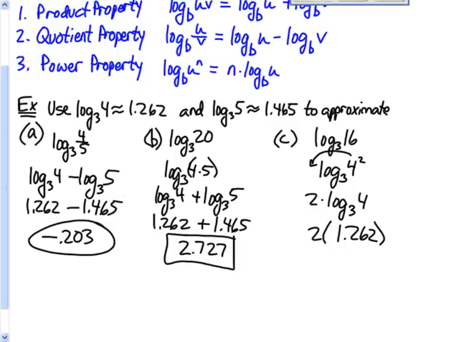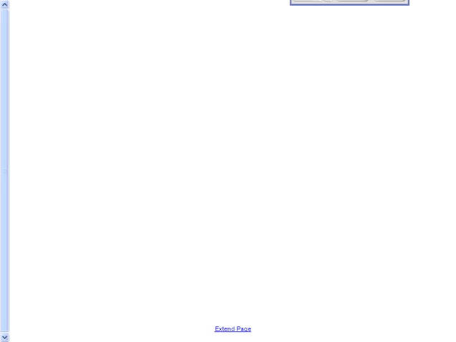Then 2 times 1.262 is 2.524. So that's a little bit with your properties here. We're going to continue on with some more examples of expanding logarithmic expressions, now with some variables.